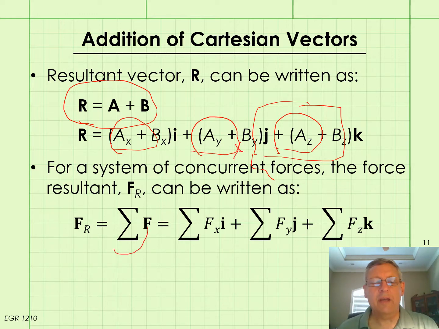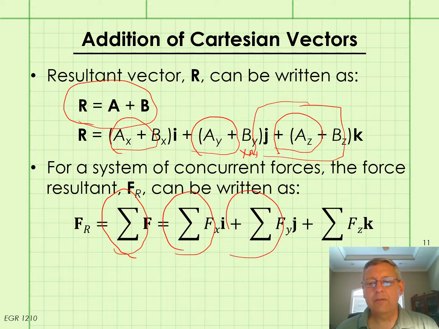In other words, if we had 5 forces, A, B, C, D, E, we would just write a vector equation, A plus B plus C plus D plus E, and then we would put all of those forces into Cartesian form and just sum all the I components, all the J components, and all the K components.